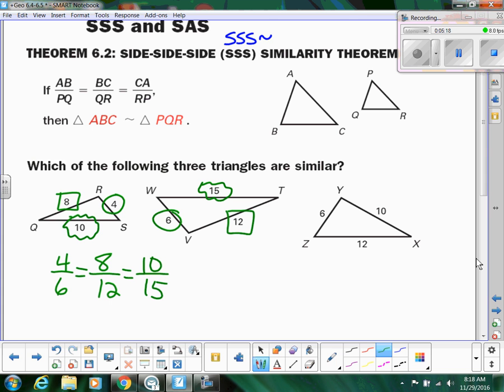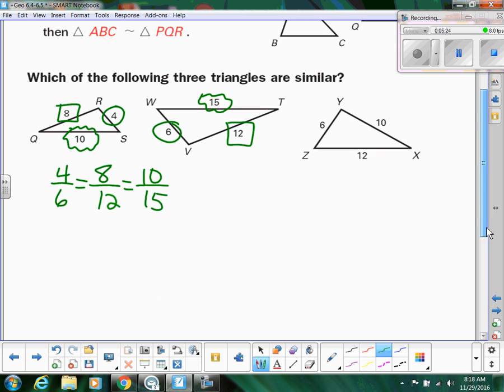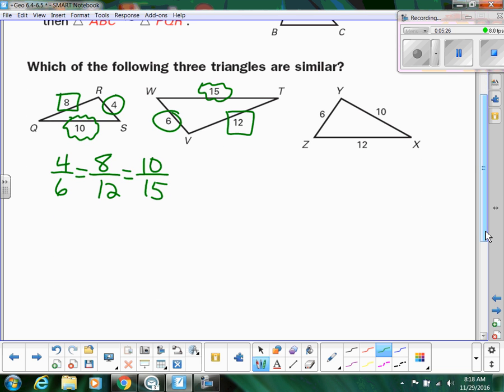Notice all of my numerators are from this left triangle, and all the denominators are from the right triangle. I just went small, medium, big. If I reduce these, 4 over 6 reduces to 2/3.